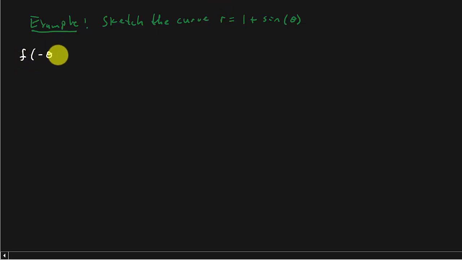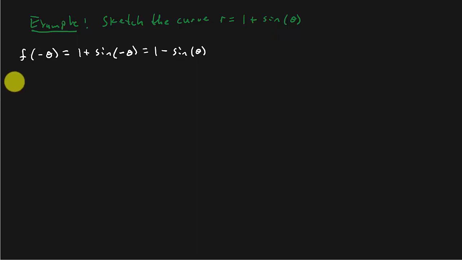So f of negative theta is equal to 1 plus sine negative theta, which is equal to, now remember the negative angle identity here, sine negative theta is negative sine theta. So I didn't end up with what I started with. So that tells us we're not symmetrical about the polar axis.